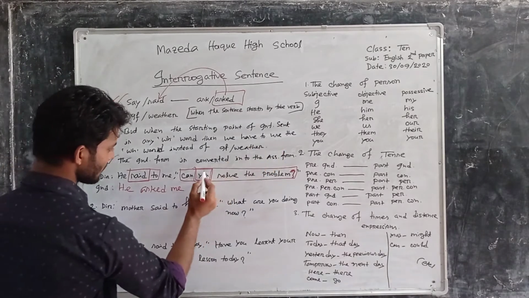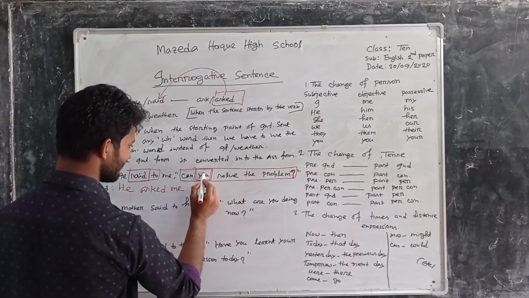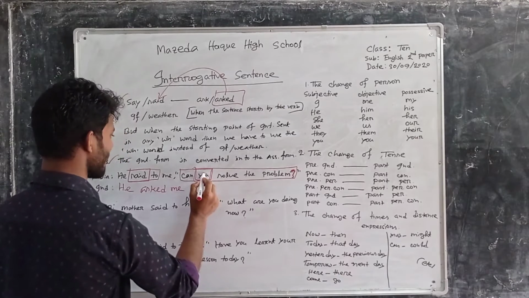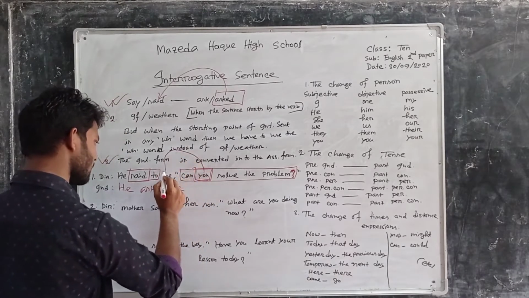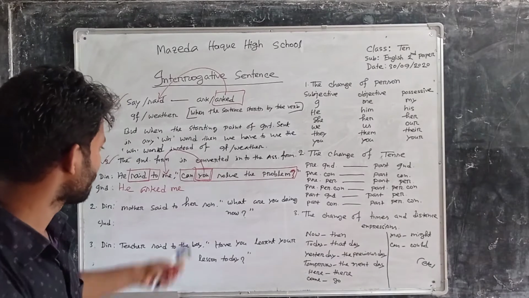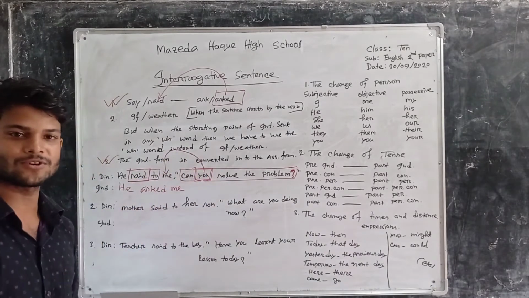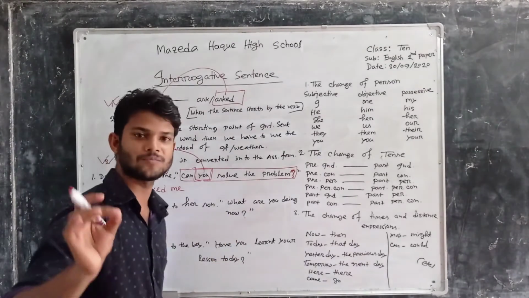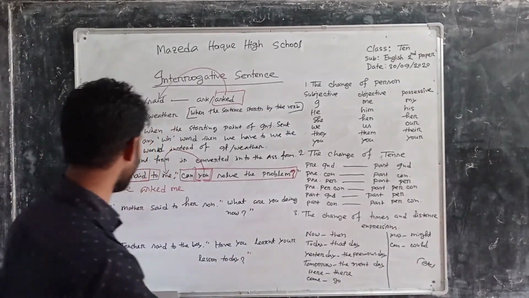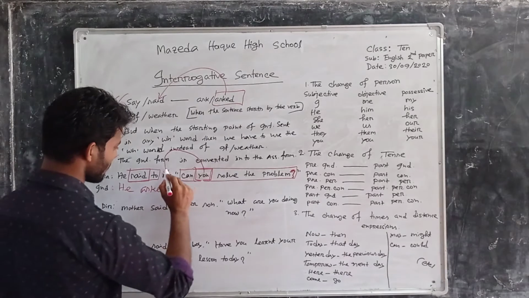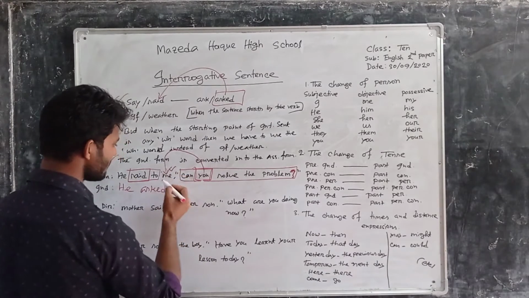We know second person is changed according to the object of reporting verb. And the object of reporting verb is me. Me is a first person.